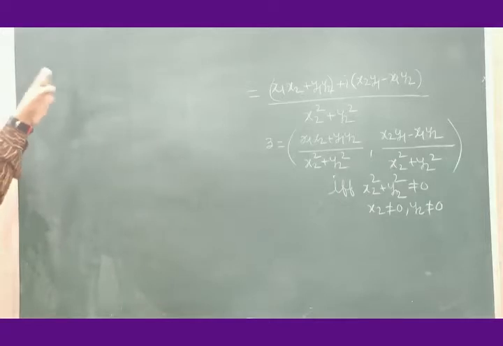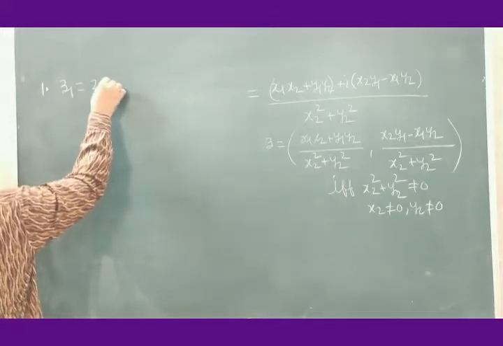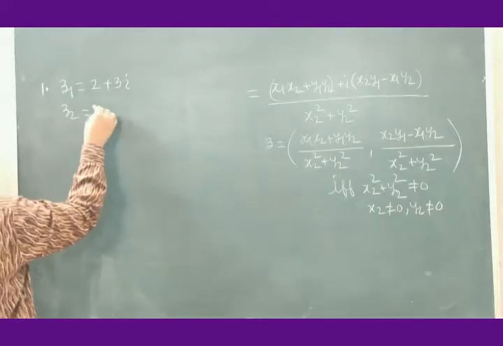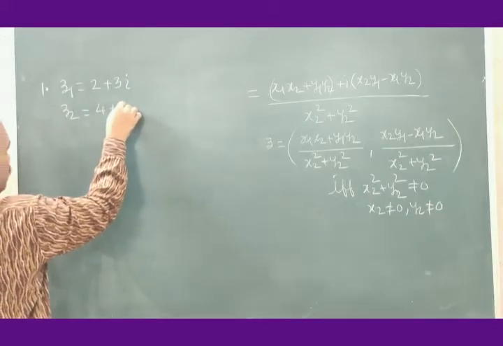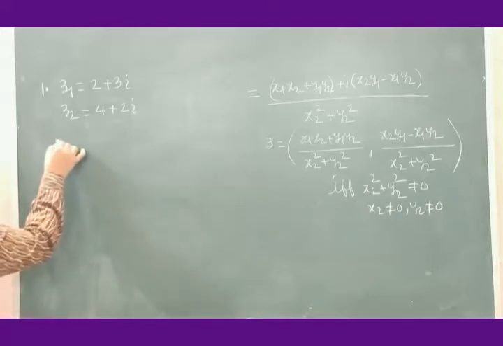Do division of the given complex numbers. Z1 is equal to 2 plus 3i, Z2 is equal to 4 plus 2i. These are the two complex numbers given. You are asked to find division of these two complex numbers.